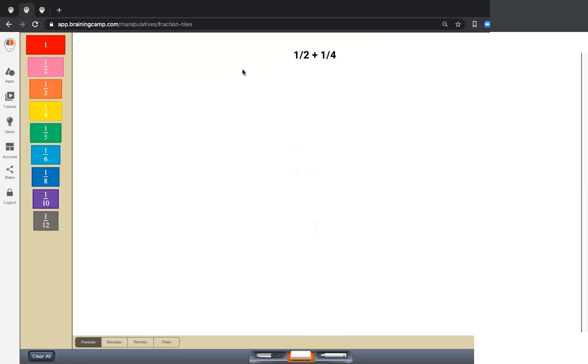Now in this fraction, I have 1/2 plus 1/4. Are my denominators the same? No, they do not share a name at this point. So I have 1/2. Its name is defined by the denominator. It is a half. It's 1/2.